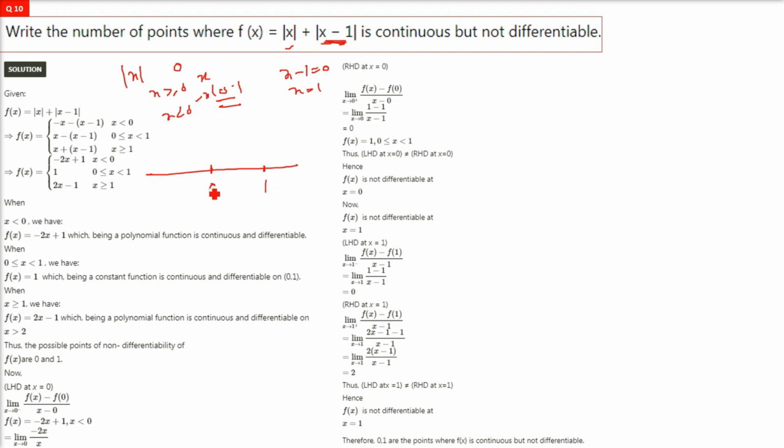One is from negative infinity to 0, that you can call x less than 0. Then we have between 0 and 1. Then we have 1 to positive infinity, or you can just call it x greater than 1. So at what point, what function has what sign, because it is modulus.